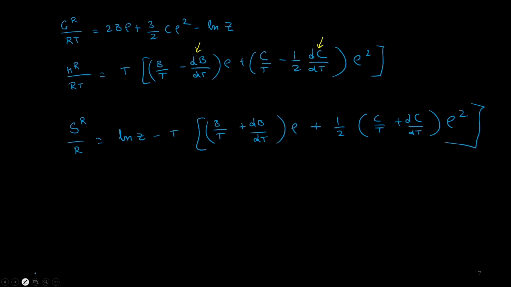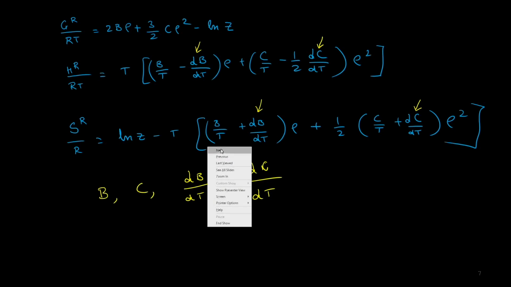Again, in these expressions, we have the derivatives with respect to temperature for B and C, in addition to B and C itself. So once I know B, C, and their derivatives at various conditions, I should be able to calculate all the residual properties and hence changes for any process when there are three terms in the virial equation of state.